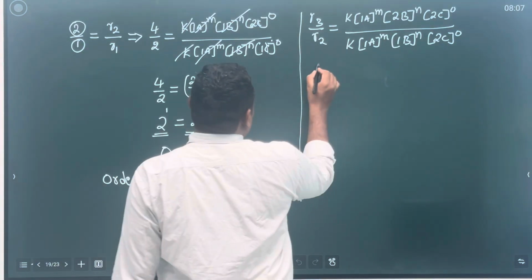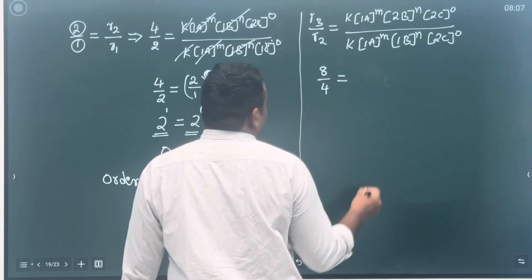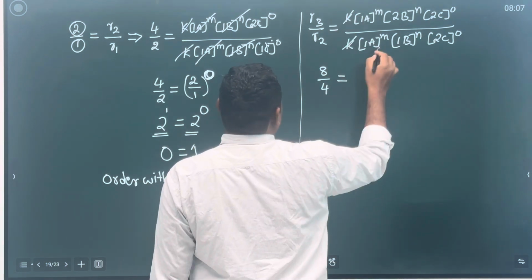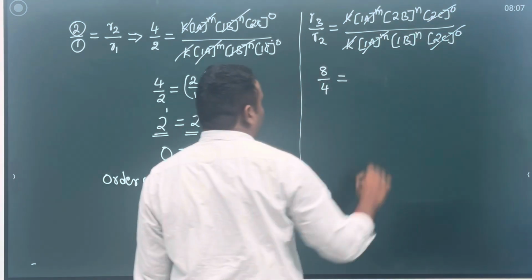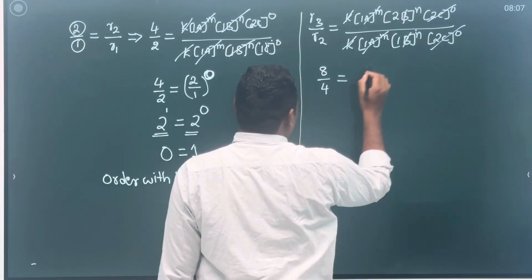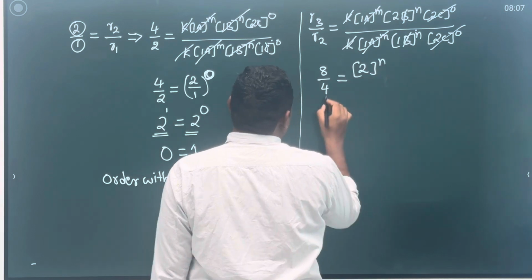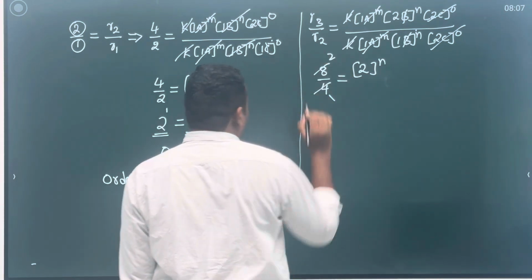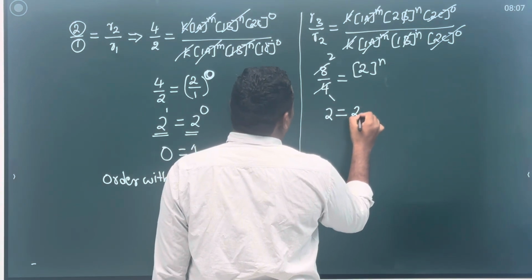So here 8 by 4 is equal to, k will get cancelled out, 1a power m and 1a power m will get cancelled out, 2c power o and 2c power o will get cancelled out. B also will get cancelled out. Here 2 power n, so 4 ones are 4, twos are 8, means 2 is equal to 2 power n.